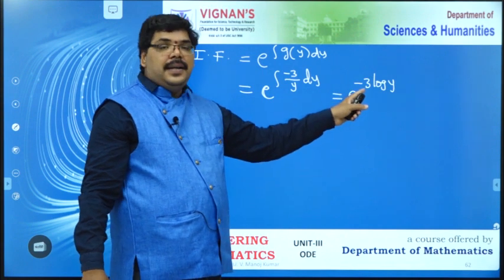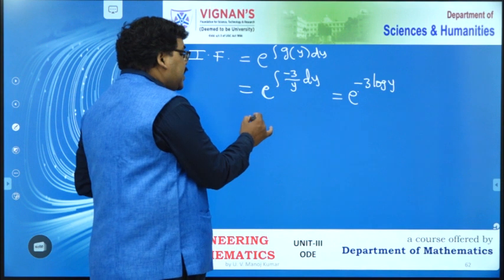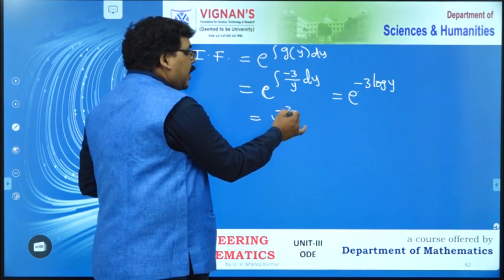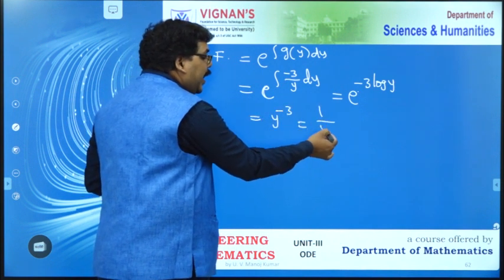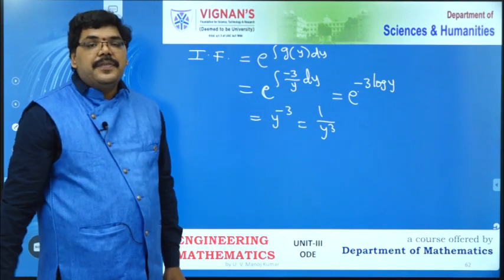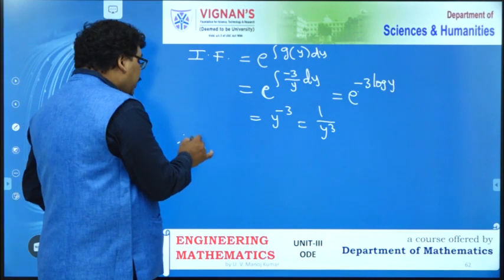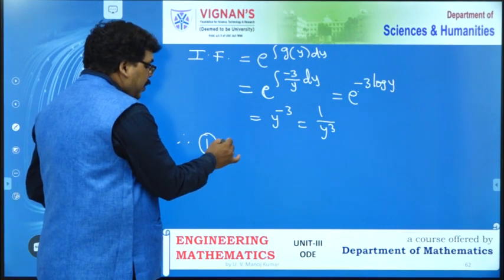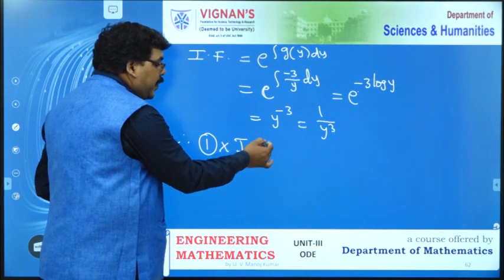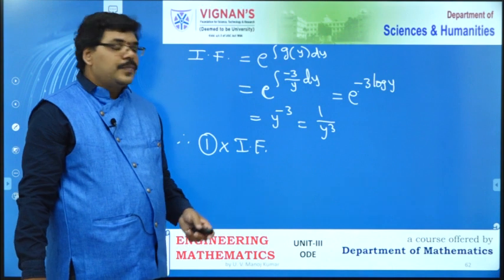This minus 3 can be written in the power of y. So I will get y power minus 3, or nothing but 1 by y cube. So what is the integrating factor? 1 by y cube.